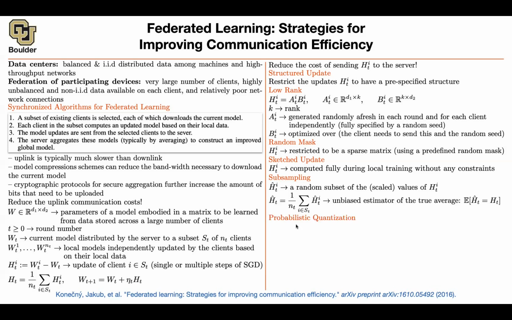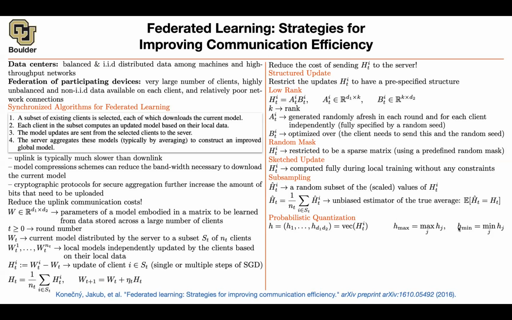Another strategy is probabilistic quantization. What would you do when you want to quantize a matrix? First, let's vectorize it, which is basically flatten it so that rather than H being a matrix, it's now a vector of D1 by D2 size. You compute the maximum value of your H and the minimum value.